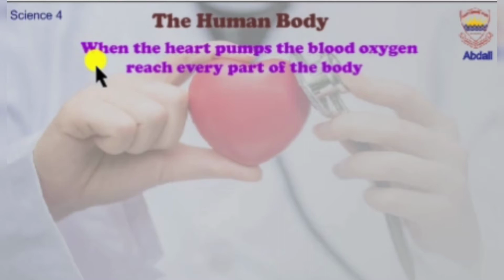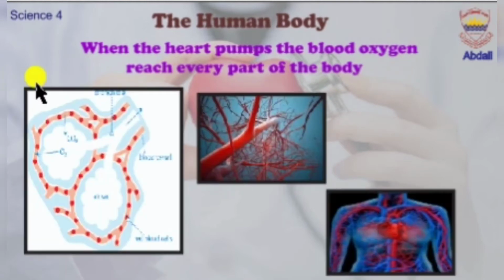When the heart pumps the blood, oxygen reaches every part of the body. As we discussed in our previous slide, when the heart pumps the blood, oxygen reaches every part of the body. What happens when the heart pumps the blood?